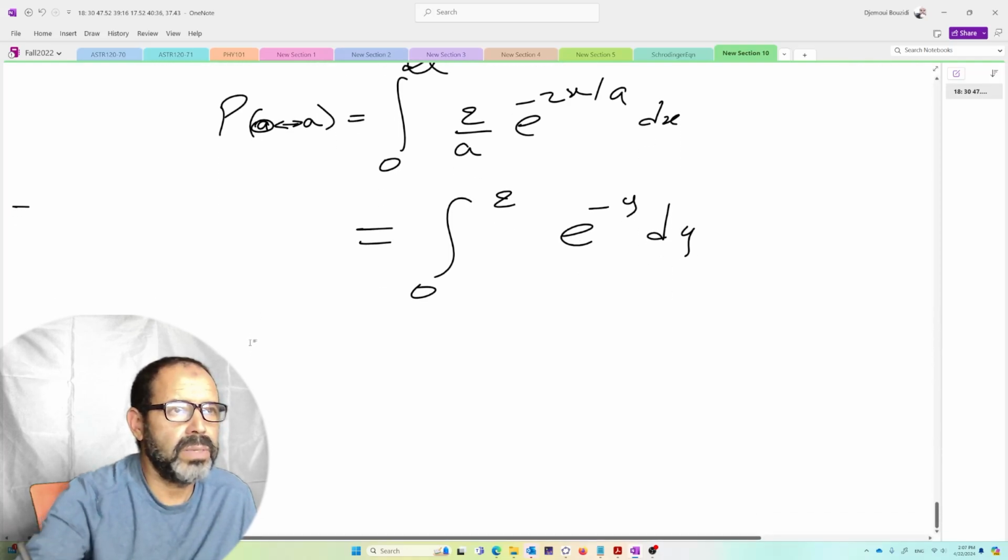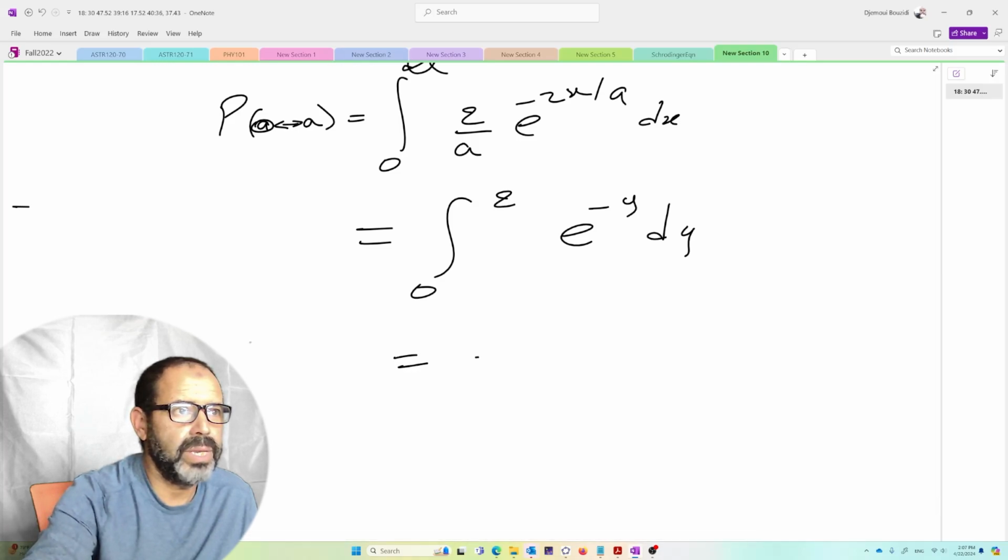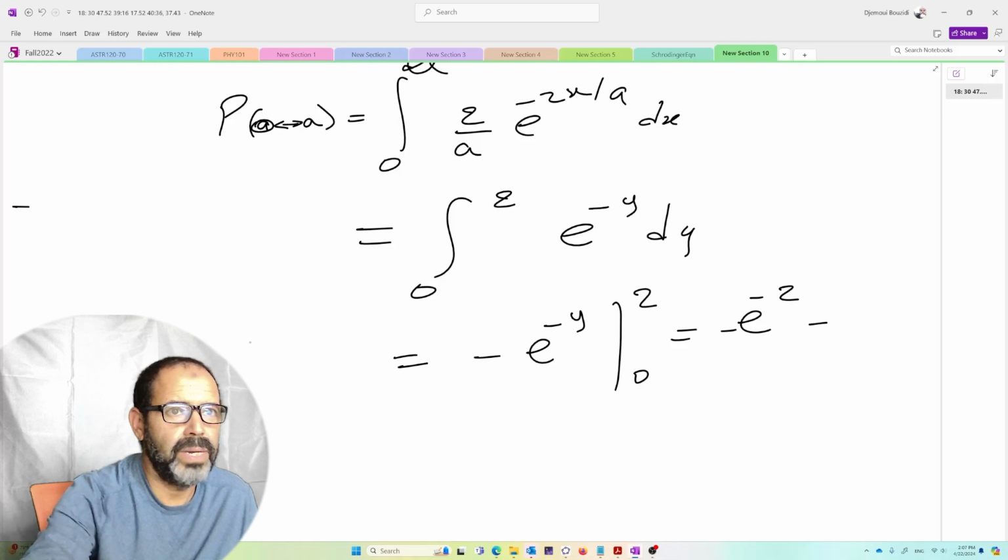Okay, so now it's just a matter of doing this integral, which is similar to before, except the boundaries of integration change. So this is going to be equal to, with a negative sign, exponential of negative 2 minus negative 1, which is plus 1, or 1 minus 1 over e squared.